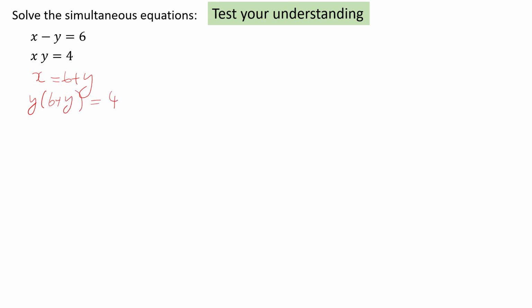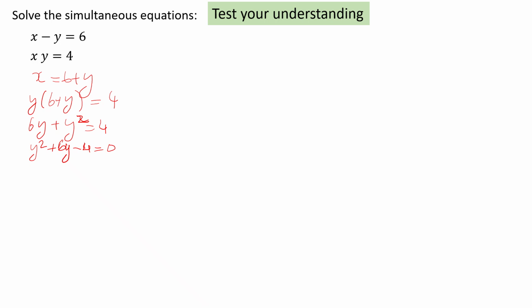Expand the bracket. So 6y plus y squared equals 4. So rearrange the equation: y squared plus 6y minus 4 equals 0. Now I'm going to do completing the square, which is easy.